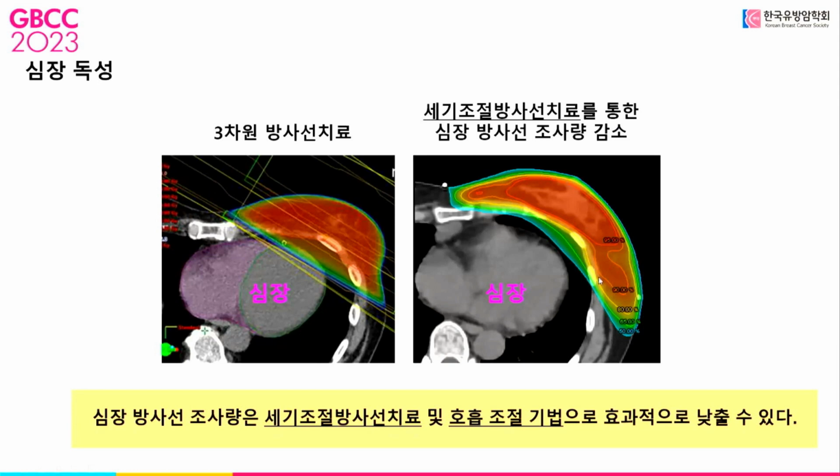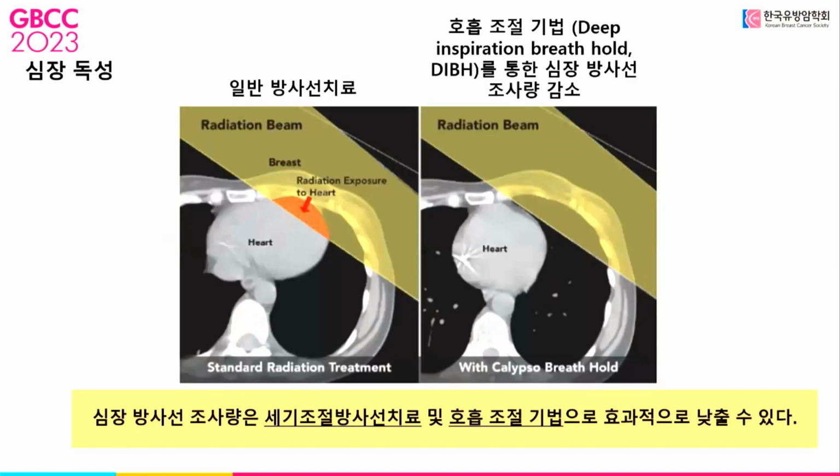However, the intensity modulated radiotherapy will follow very precisely the curvature of the breast, and therefore the doses will be concentrated on the breast itself, and less doses will be delivered to the heart and lung, which are posterior to the breast. So IMRT can reduce the dose that is applied to the heart.